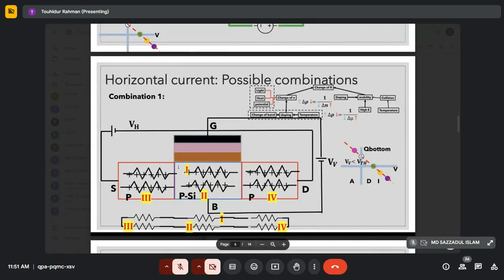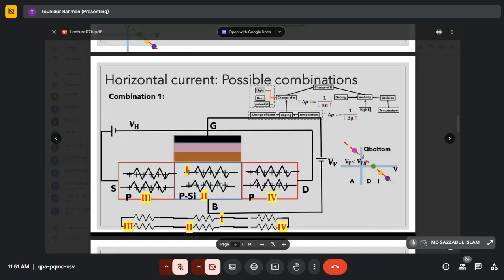Next, we have all this combination. You really need to know all this combination. So what I can do, I may provide you a particular combination and ask you whether it will act as a MOSFET or not. And you need to explain that in terms of current flow. We also have two conditions. One is the turn on and off condition.